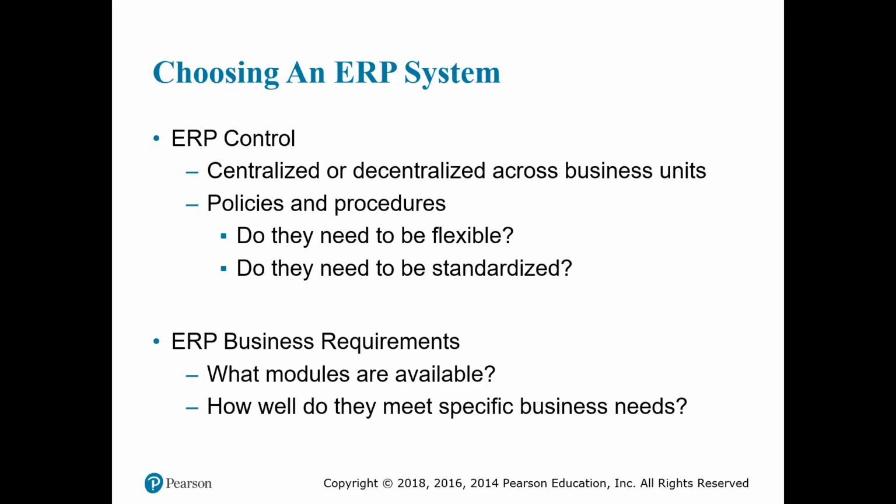In addition, each ERP system has different built-in functions that will meet business needs to varying extents. The ERP system selected should meet all the business needs and should be particularly good at meeting the most critical business functions.